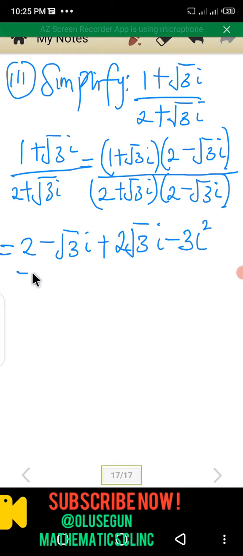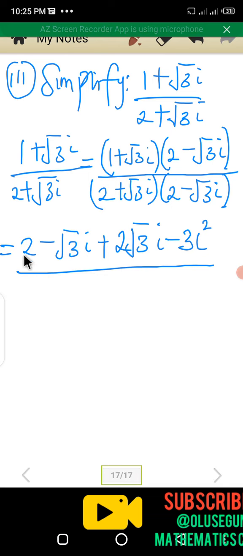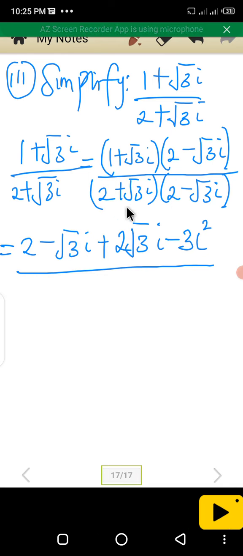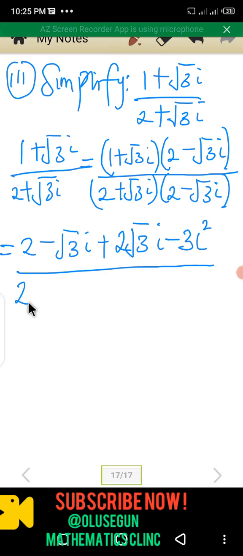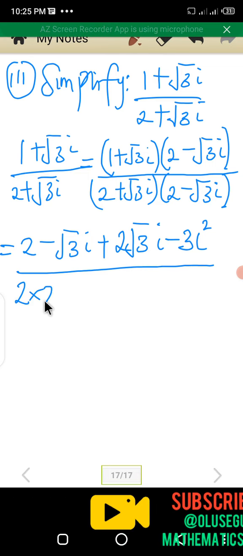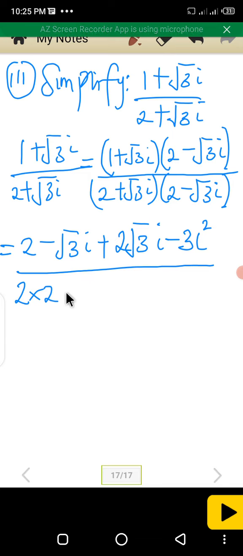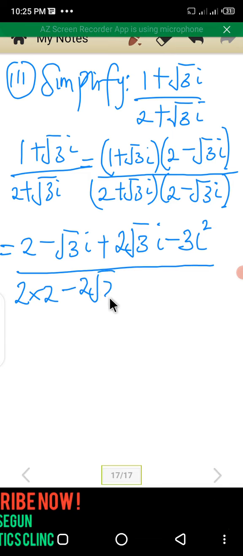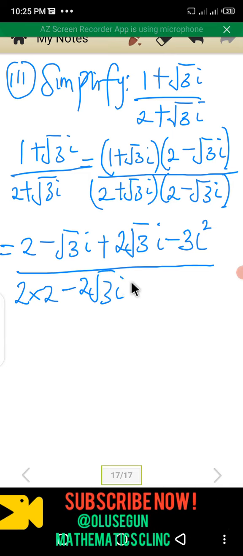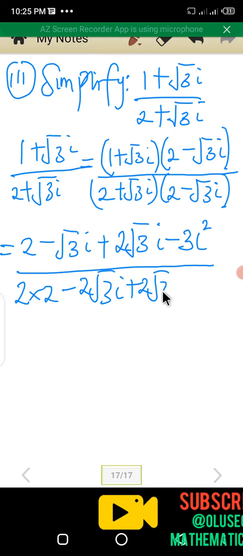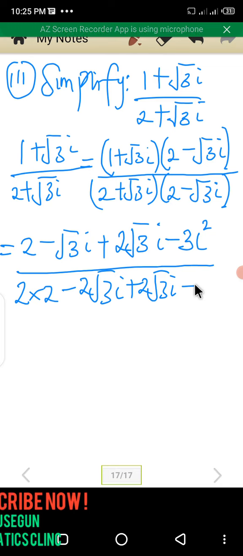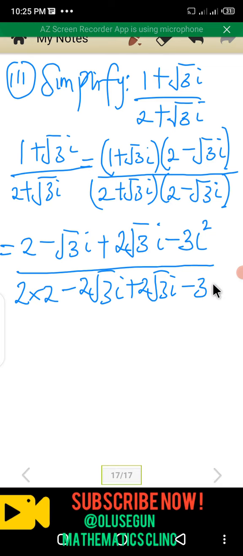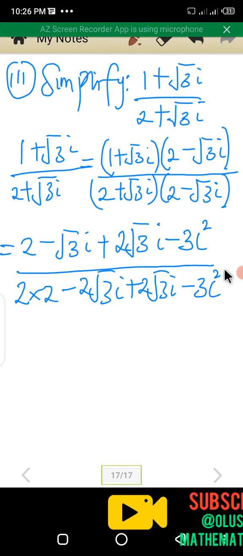So for the denominator, 2 times 2 and then minus 2 root 3i plus 2 root 3i. This will give you minus 3i squared.